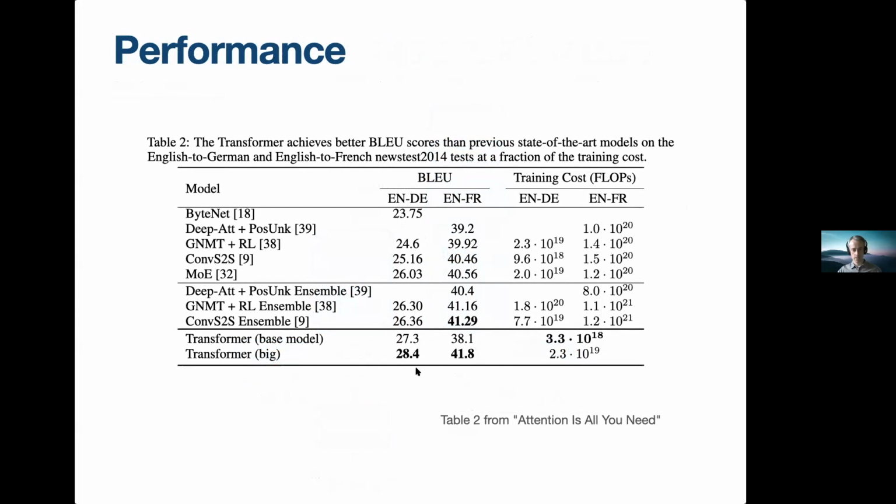And you can see here that not only was the best performance for both these tasks produced by the transformer models, but in addition, if you look at comparable performance with other models, so for example, this base model, you compare it to this Conv S2S model, you can see that the training cost for the Conv S2S model was considerably larger than the training cost for the transformer base model.